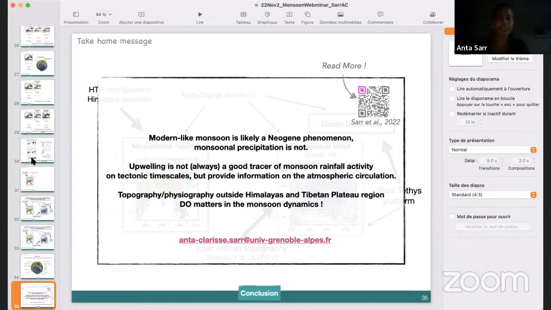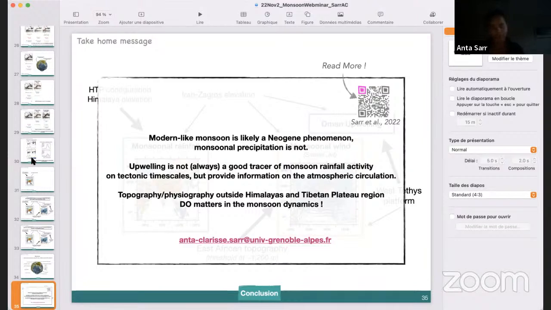Yeah, exactly. So the threshold is what I have in the model, meaning that I am able to modify the low level of the atmosphere circulation as soon as we cross the threshold, about 1,200 meters. This is because those low-level jets, which is the case of the Somali jet, are below this elevation.